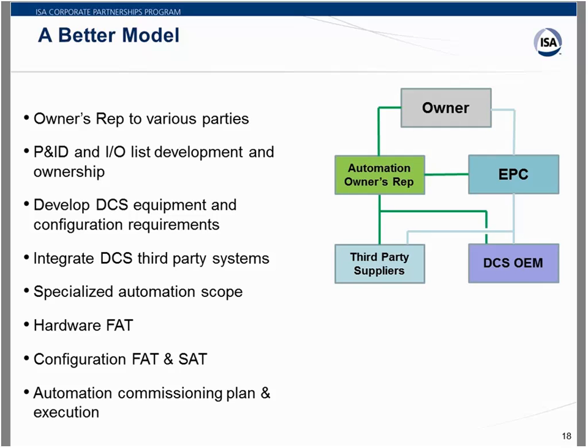Same thing with the configuration, factory acceptance test, and site acceptance test. And then along into automation commissioning, developing the commissioning plan for automation, and participating in the execution of commissioning and startup. Again, making sure things met the requirements, that they work together, and that the best interests of the owner are being looked out for.